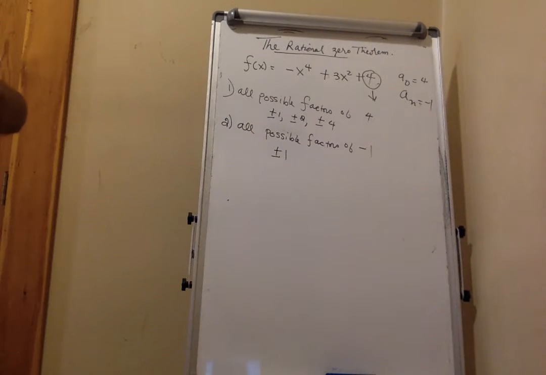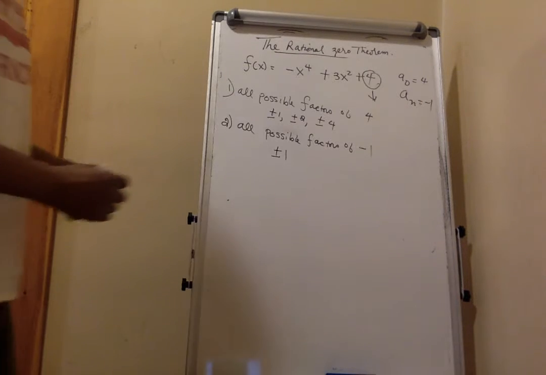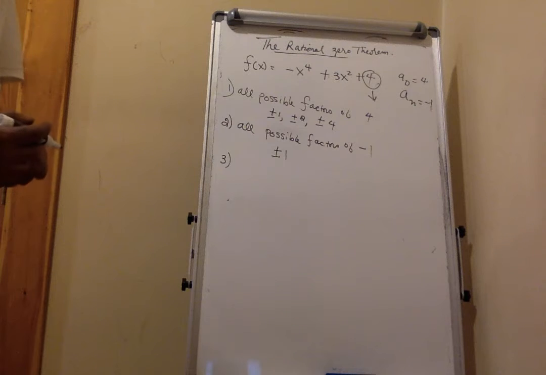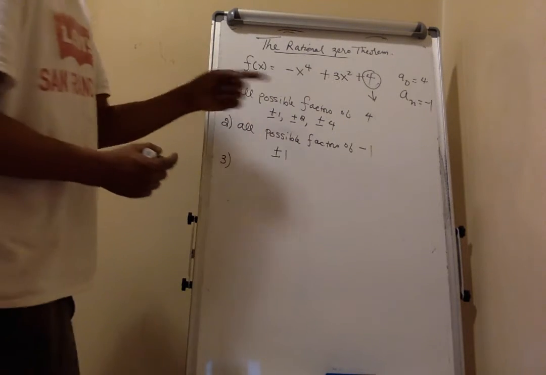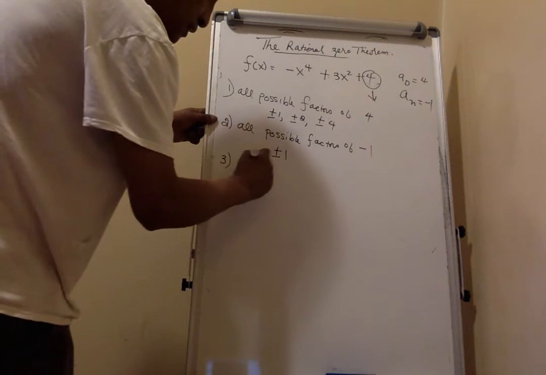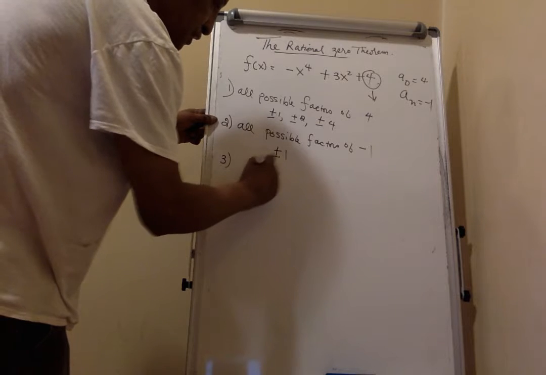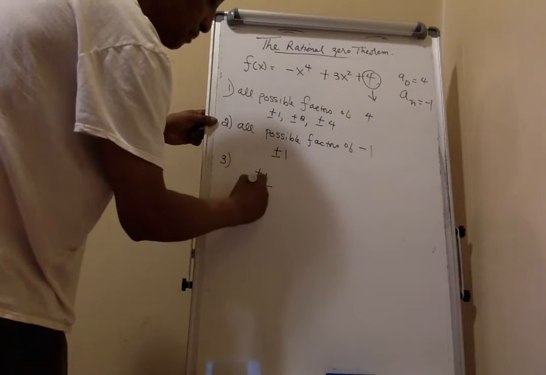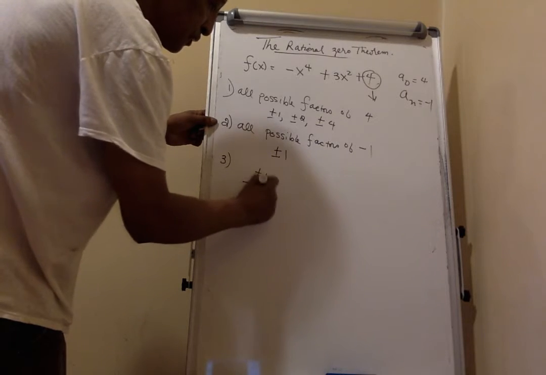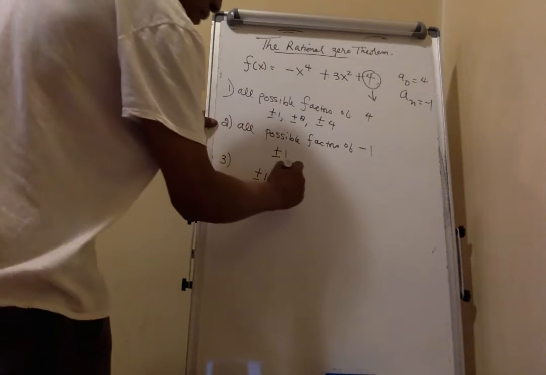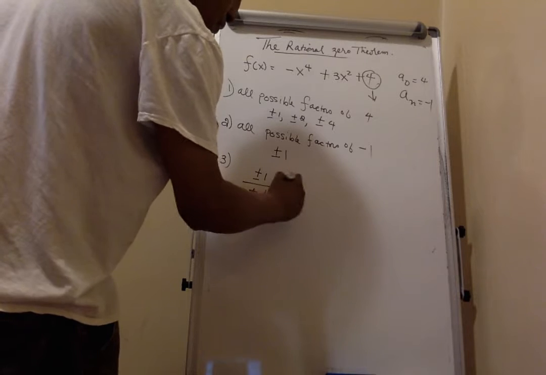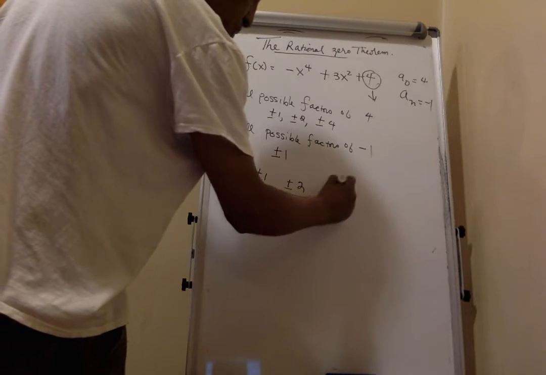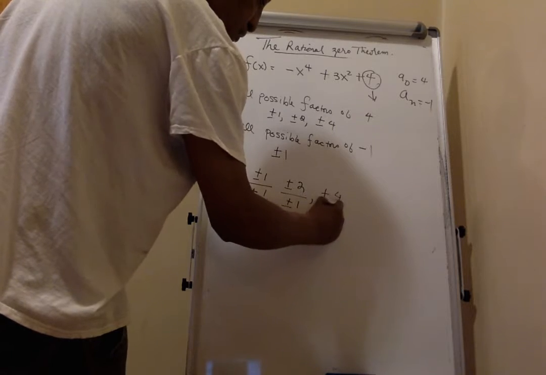Now the third step is build a ratio. So it has to be a_0 over a_n. So it would be plus or minus 1 over plus or minus 1, plus or minus 2 over plus or minus 1, plus or minus 4 over plus or minus 1.